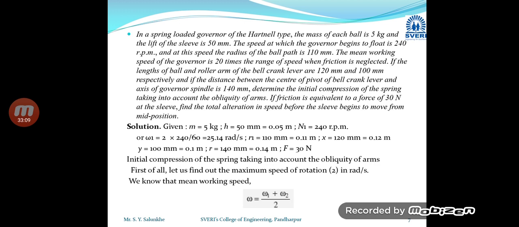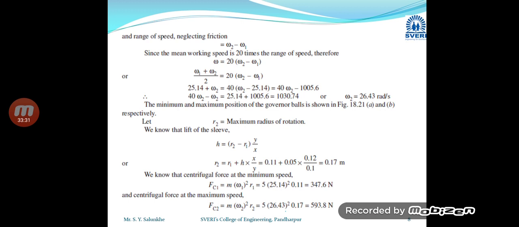And the mean we are going to calculate as follows: omega mean, we are going to use omega nomenclature for the mean speed, is equal to omega 1 plus omega 2, that is minimum speed of rotation plus maximum speed of rotation divided by 2, that will be the mean speed. Now when we are going to consider the range, already I have explained that higher speed minus lower speed, that is omega 2 minus omega 1.